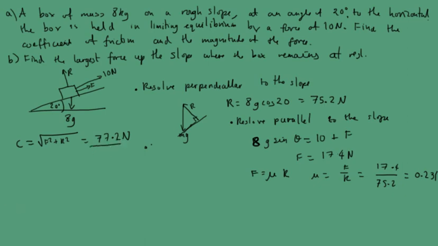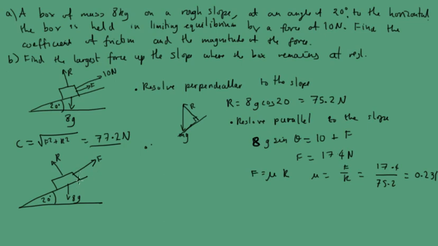Now, for part B, for the largest coefficient, well, we'll draw it first, 20 degrees. Here's our box. We've still got 8g, we've got our contact force R, and we have some force F up here.